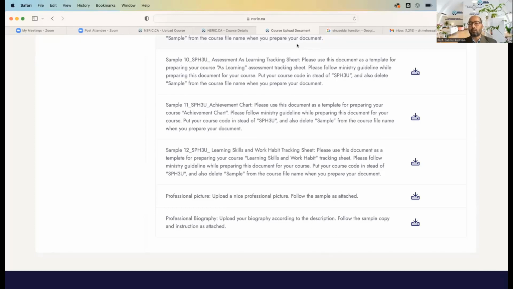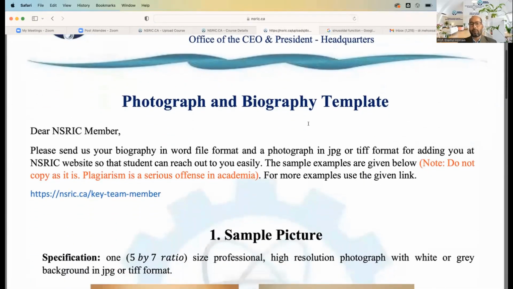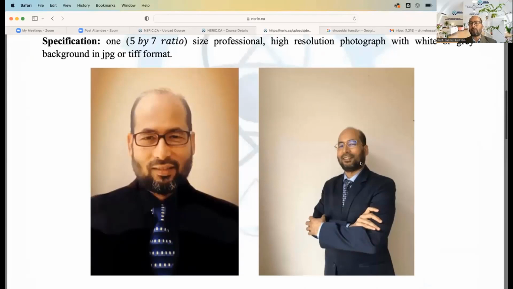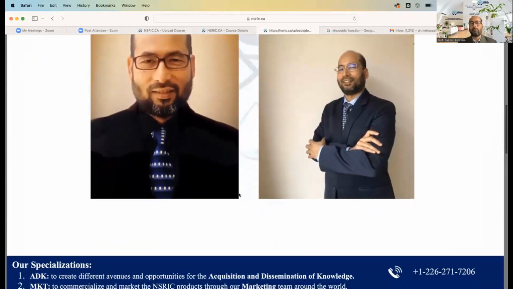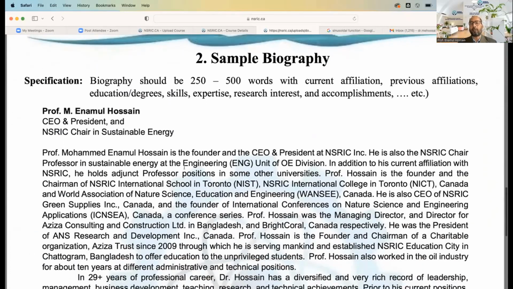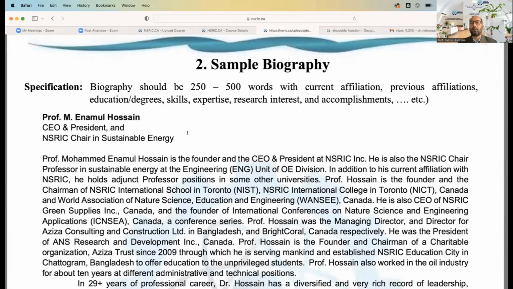Mr. Shamsul Azam and our IT team are doing this continuously. So I would highly recommend downloading the biography template. Those are some of the professional pictures you can select for yourself. And most importantly, the biography, so that we can place you in the appropriate place in the system.